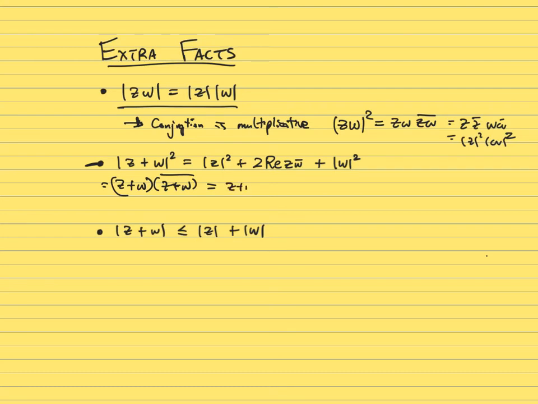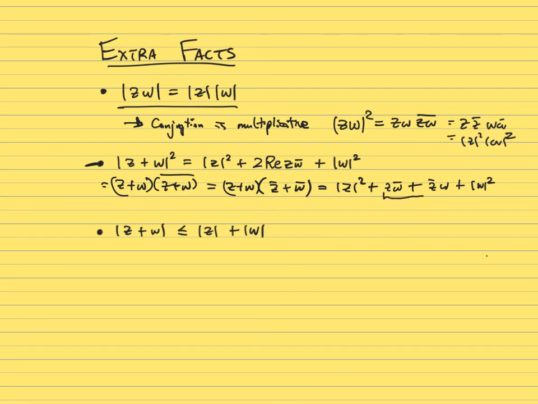So the conjugate of z plus w is the conjugate of z plus the conjugate of w, and you would just distribute this to get the formula up above. I guess you get |z| squared plus z w bar plus z bar w plus |w| squared.